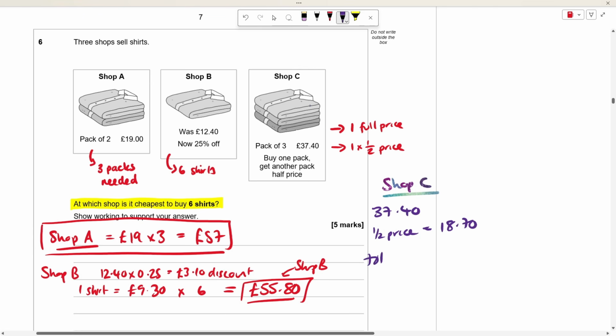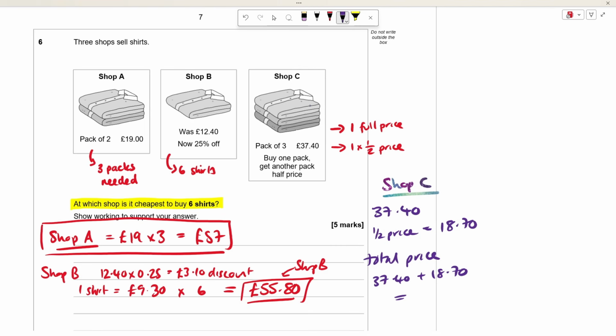So the total price is going to be £37.40 plus £18.70, which comes up to a total cost of £56.10. So in terms of which shop is cheaper, it's going to be shop B.